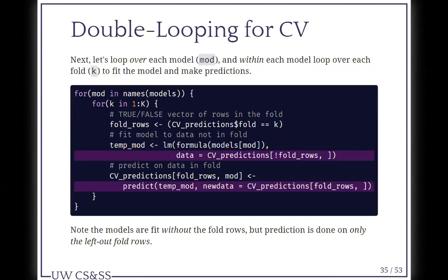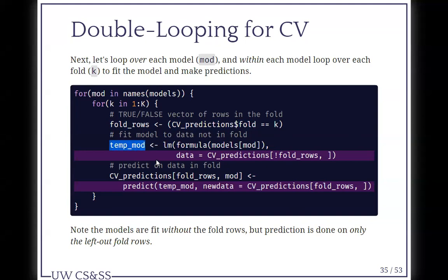In order to do this, we're actually going to have a nested loop. Next, let's loop over each model, and then within each model, loop over each fold to fit the model and make predictions. So here, for each model in our models vector: intercept only, linear, quadratic, cubic. For each one of those models, inside of those, we're going to do for k, little k, in 1 to the amount of folds that we have. We're going to create a vector called fold rows, which is when our fold column is equal to little k.